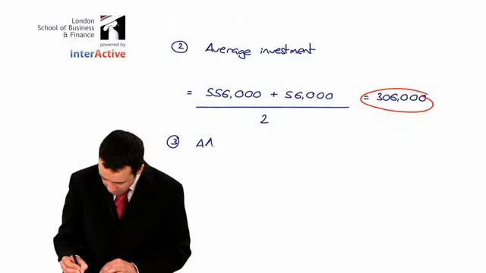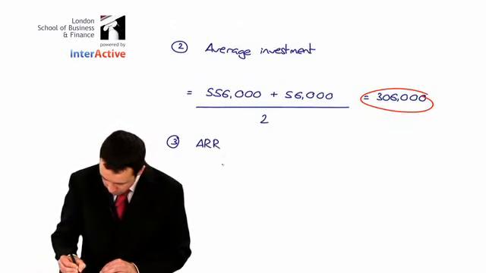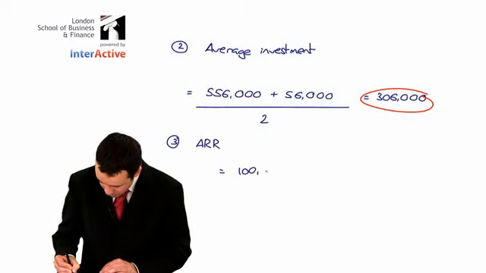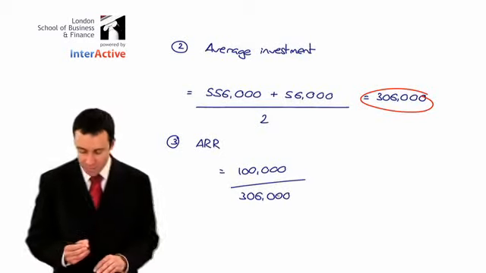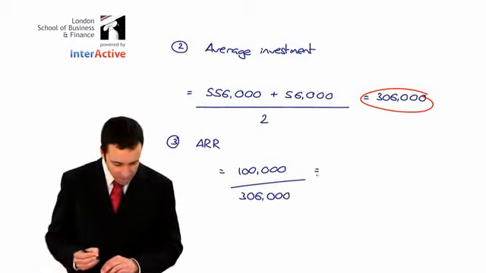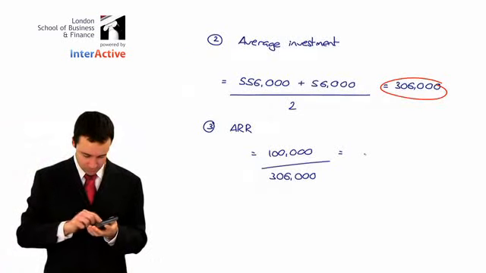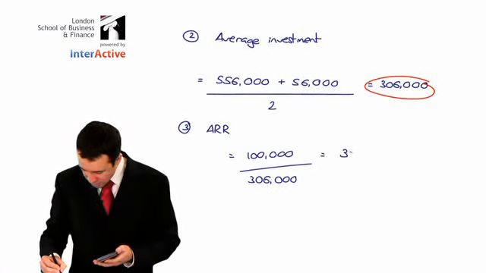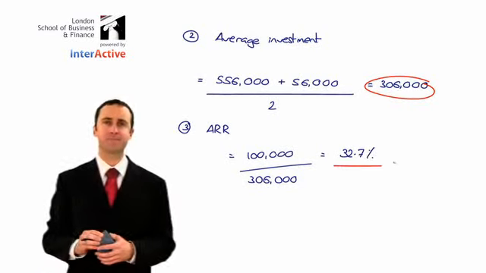So we can then calculate our accounting rate of return, which is 100,000 average annual profits, divided by 306,000 as your average investment. That gives us a percentage of 32.7%.